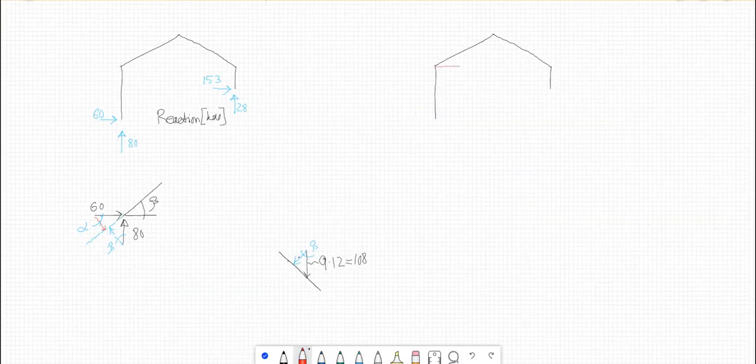So for axial, we also know these two reaction forces, 80 and 28. These two are also very straightforward, but again, it will be a bit tricky for the beams BC and CD. This is again the horizontal component, or the axial component along the beam BC. So at this time it will be the sine of alpha and beta.